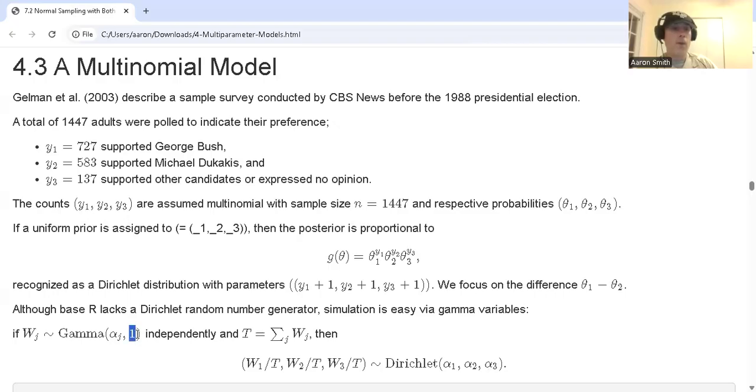Now with this, the gamma has to have the same beta value, the same scale value, for all 3 of the individual ones. So I've got 3 gamma random variables that when rescaled give me a probability vector, and that's how I get my Dirichlet distribution. It's critical that each of these have the same scale parameters, but they can have different shape parameters.